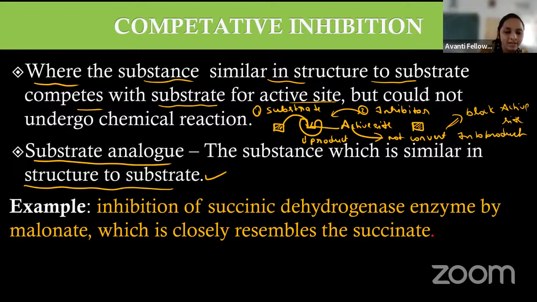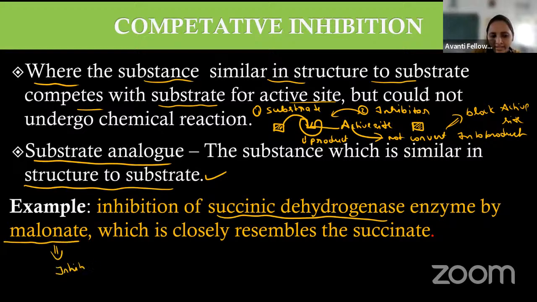Okay, students? Fine. Here I have taken an example. I think you have studied succinate dehydrogenase in the TCA cycle, right? TCA cycle or Krebs cycle, you can call it. So here succinate dehydrogenase is an enzyme. It is inhibited by malonate. Which is the inhibitor here?